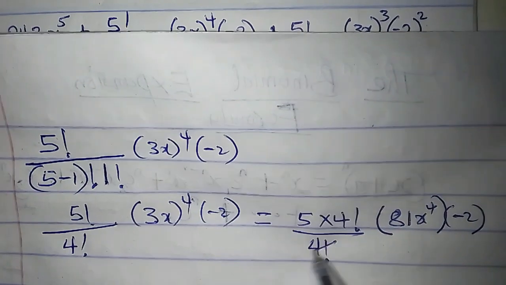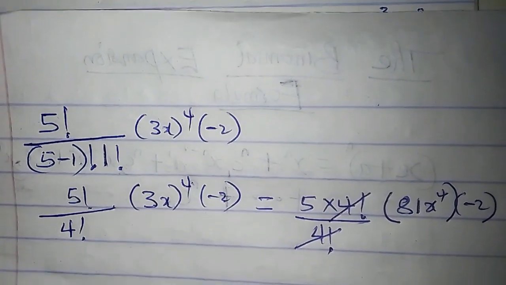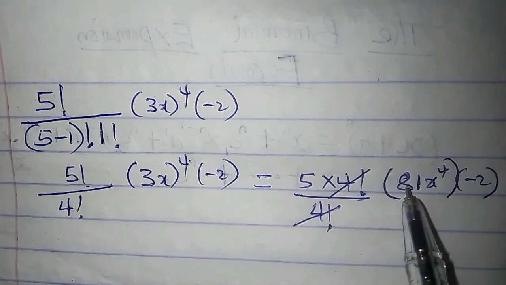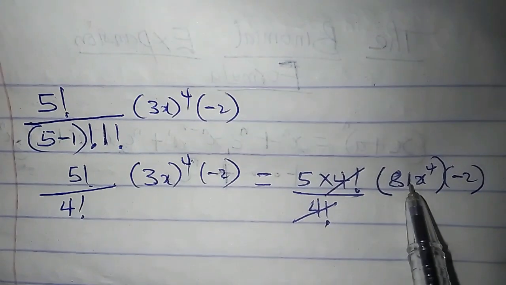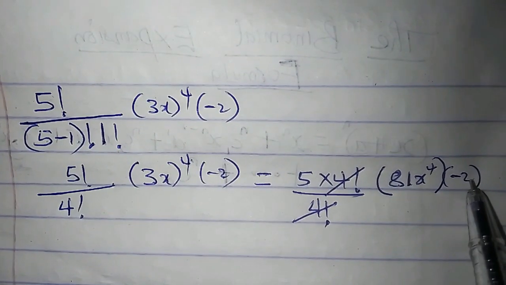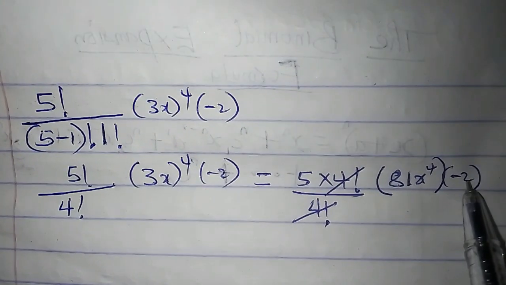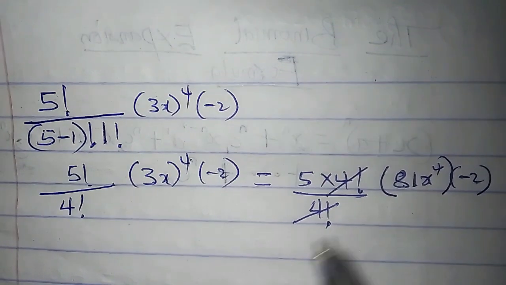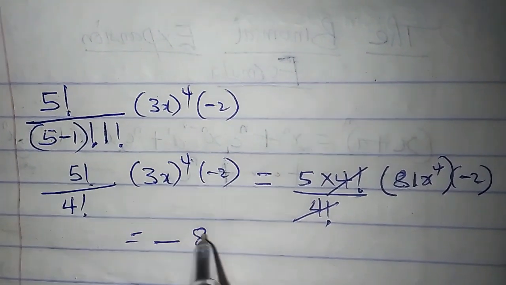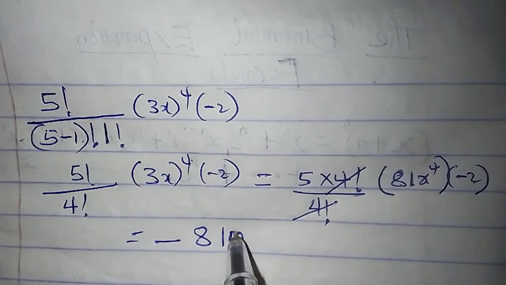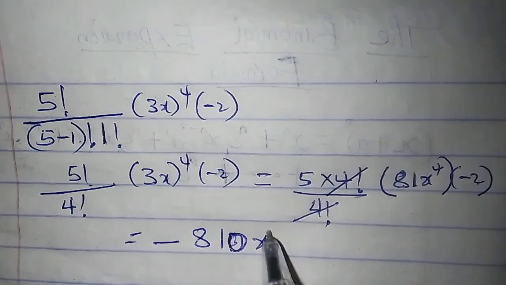Good. So 4 factorial will cancel 4 factorial. We now have 5 times 81 times minus 2. 5 times minus 2 is minus 10, and minus 10 times 81 is minus 810, then times x to the power of 4.